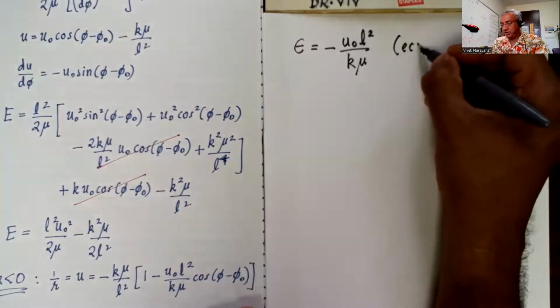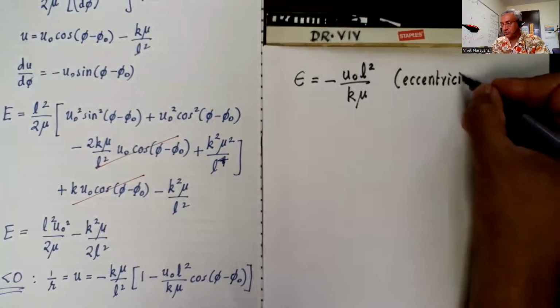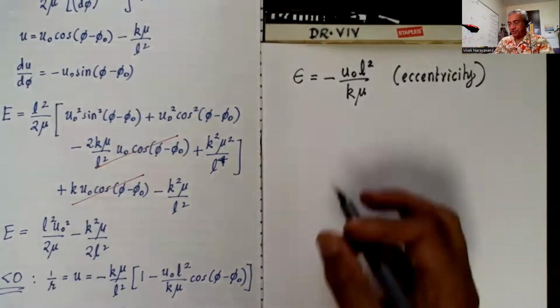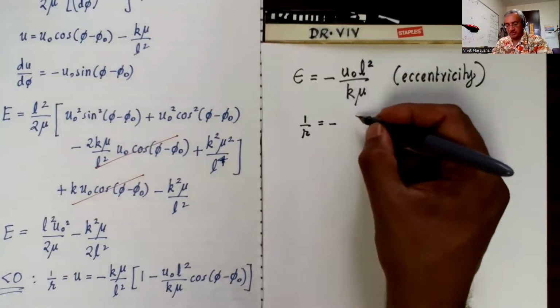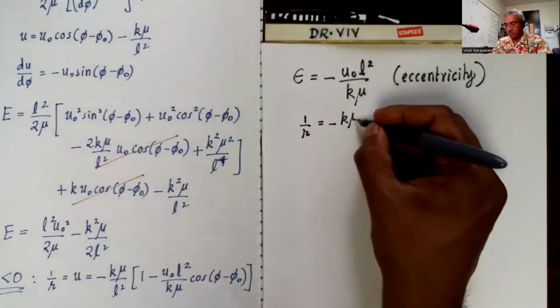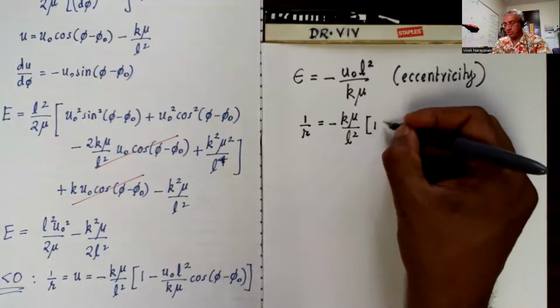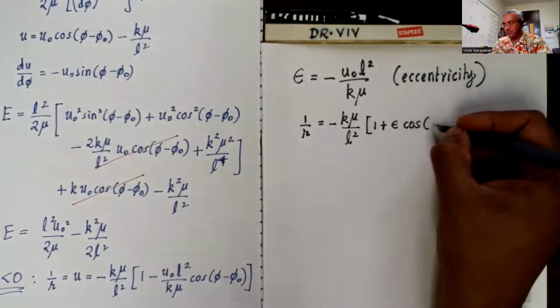The eccentricity. With that definition, I'm going to get 1 over r equals negative k mu over L squared times 1 plus epsilon cosine(phi minus phi naught).